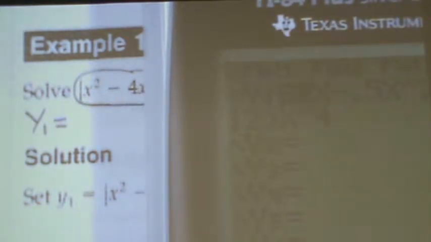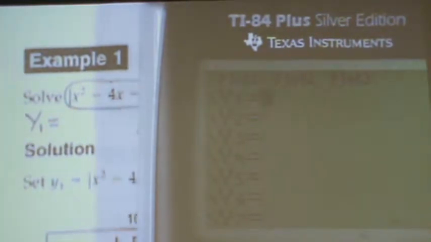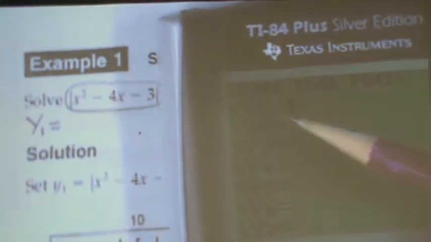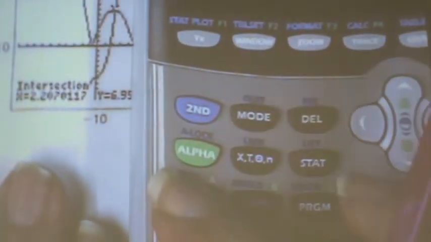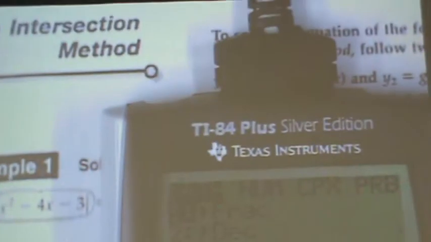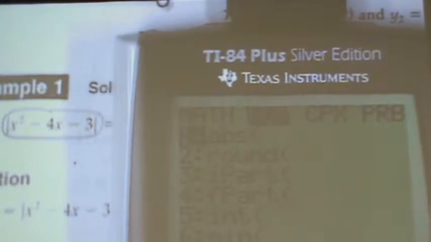Does it have ABS? Yep, ABS. So if you have an equation in your calculator, clear it out. Where it says y1, you are going to type in abs. To get that, hit the math button, and then above it says NUM. So arrow over to NUM and abs.